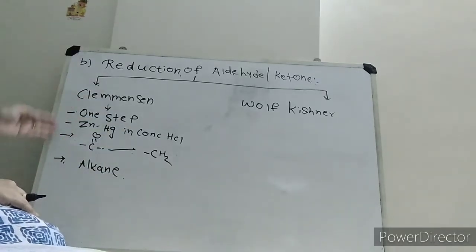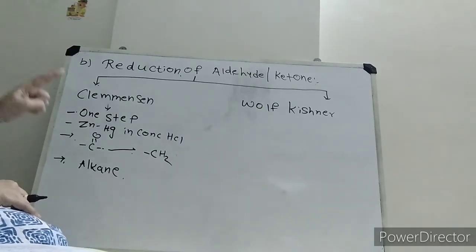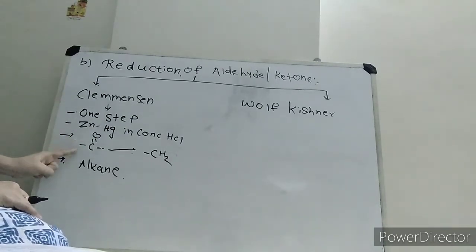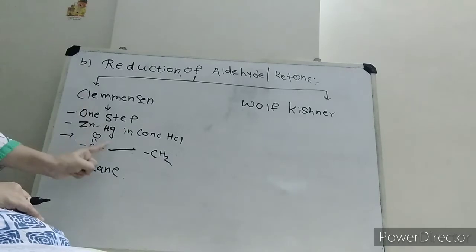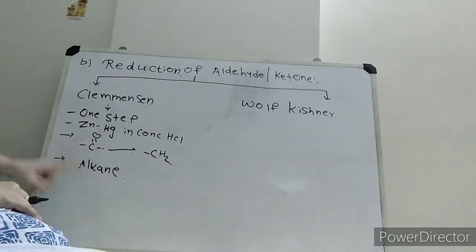So, Clemmensen reduction is only a one-step reaction. The catalyst we use is ZnHg in concentrated HCl, and the carbonyl carbon gets reduced to a methylene group to form the alkane.